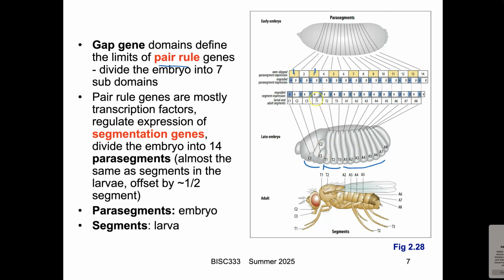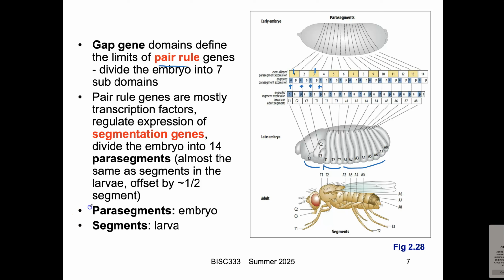Okay. And so the pair rule genes are expressed in alternating segments, and then the segment polarity genes are expressed in just part of all of the parasegments. And that's shown in this picture here.